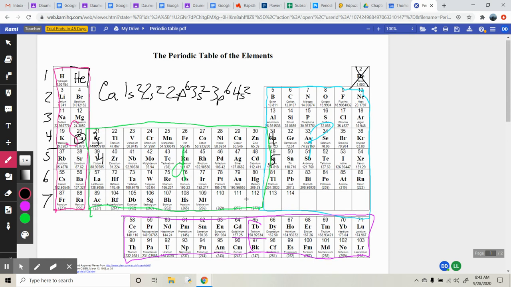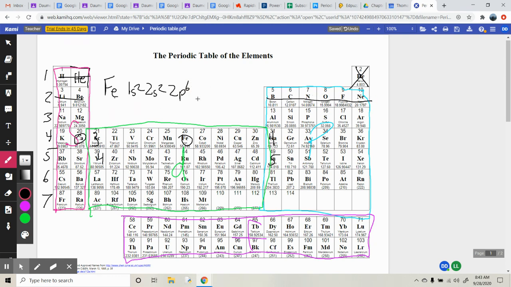So let's go ahead and do iron real fast, just to get an example of that, and then we will move on to another example. So we got iron. Start from the beginning. We got 1s2. We got 2s2. We got 2p6.